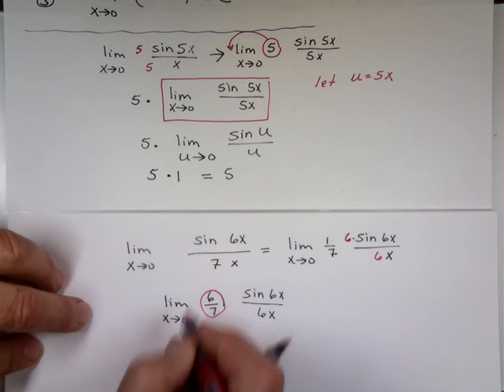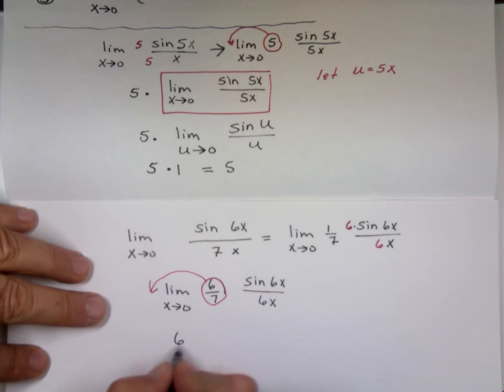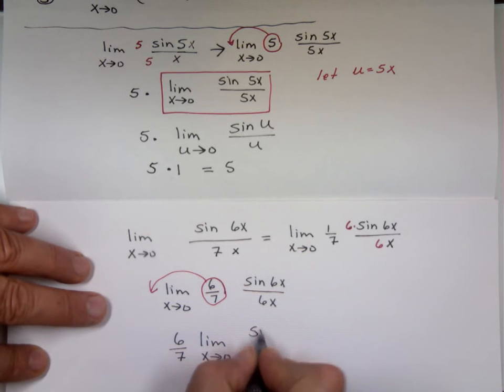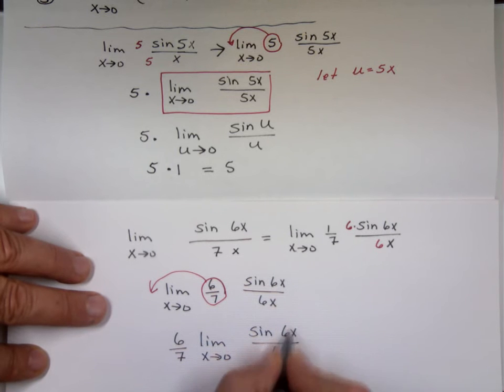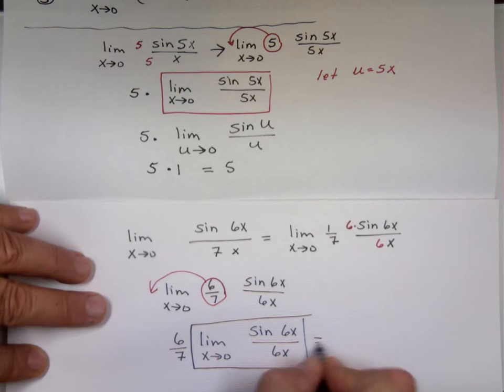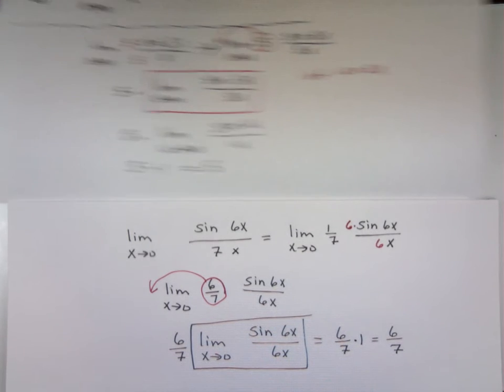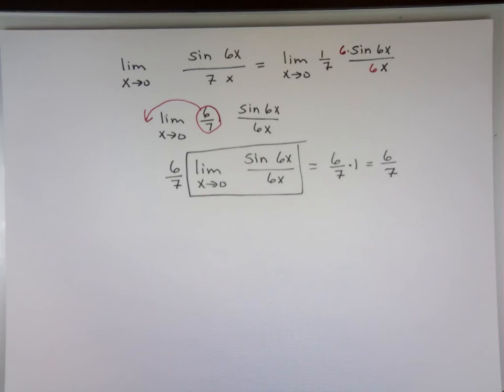That's a constant. That'll be 6 over 7, the limit as x approaches 0 of sine 6x over 6x. As long as these guys are matching, the answer to this is a 1. That's 6 over 7 times 1. Your answer is 6 over 7. So that's the type of trick they do with that identity. They don't just give it to you straightforward.